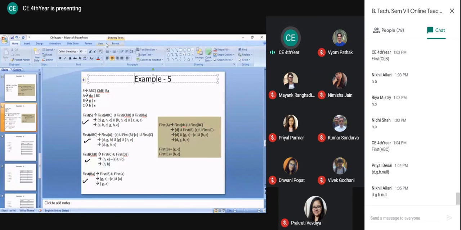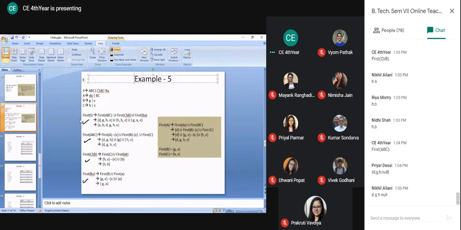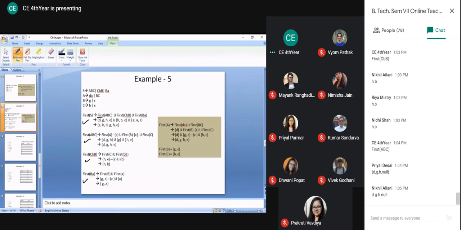Null is a part of all the three: it is a part of first of ABC, a part of first of CbB, and also a part of first of BA.